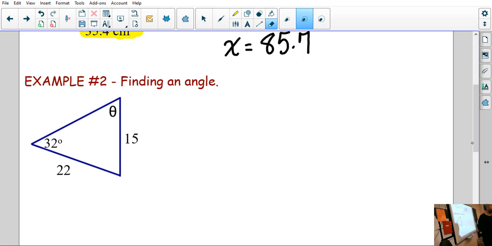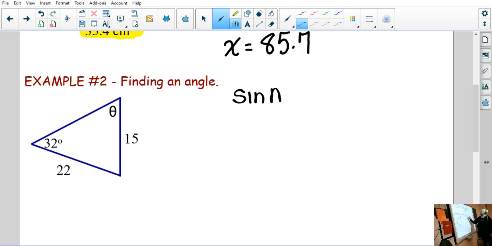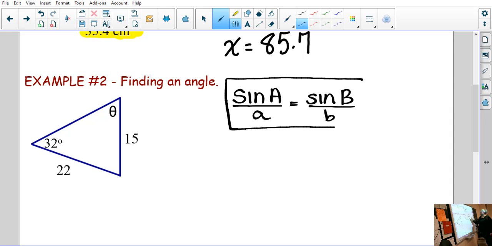The other type of question that I could ask is to find a missing angle. I'm going to use this version of the formula.